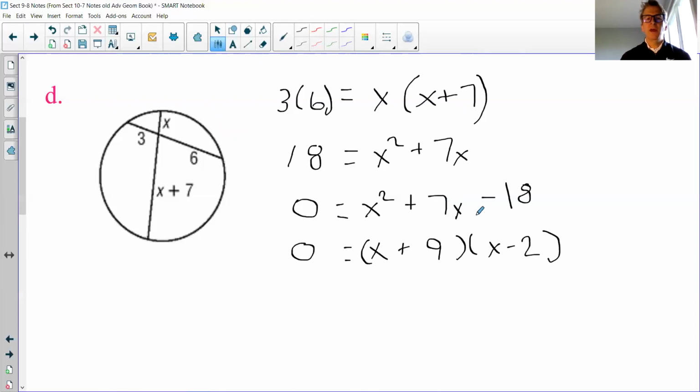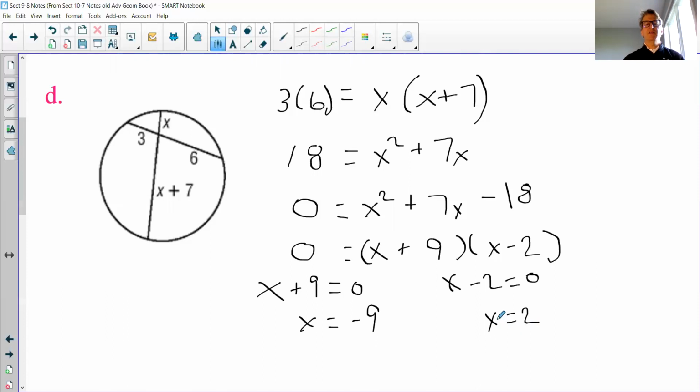That's going to tell you that x plus 9 is equal to 0, so x is negative 9, or x minus 2 is equal to 0, and that would mean that x is equal to 2.